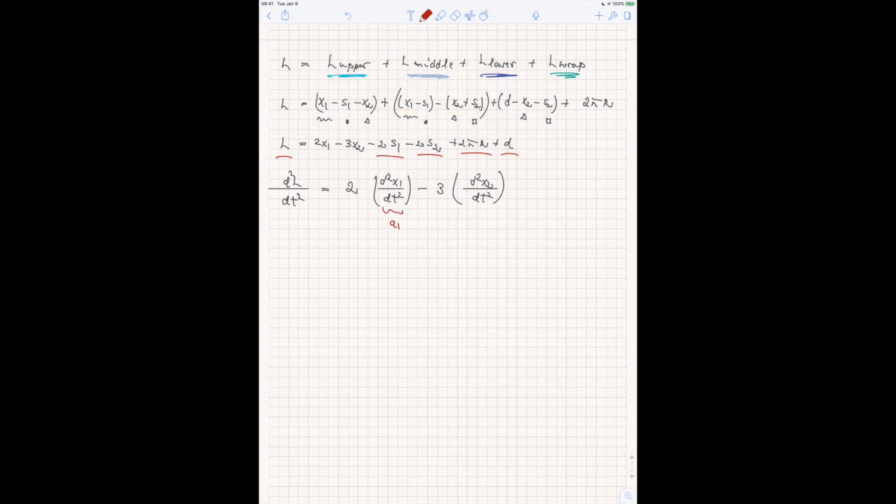To make this look simpler, this is a1, this is a2. You get a very clear relation among a1 and a2. So a1 equals 3 over 2 a2, or the other way around, a2 equals 2 over 3 a1.